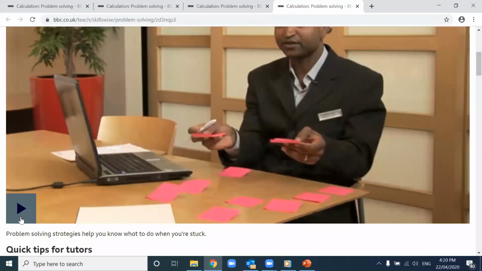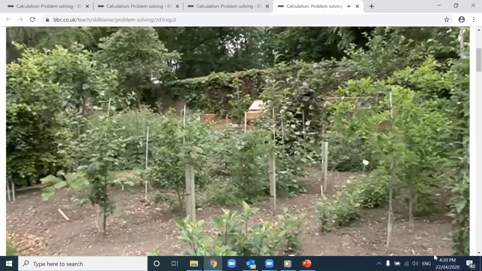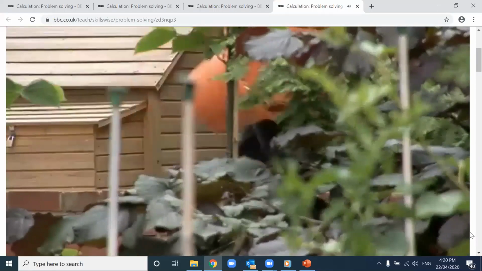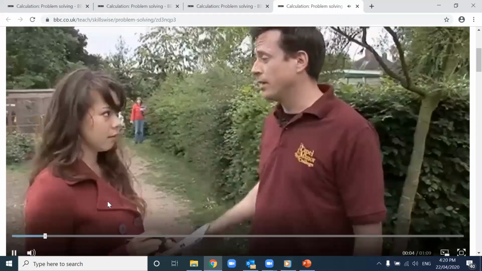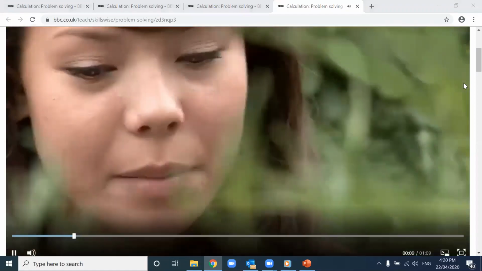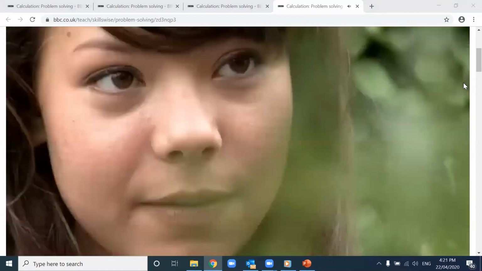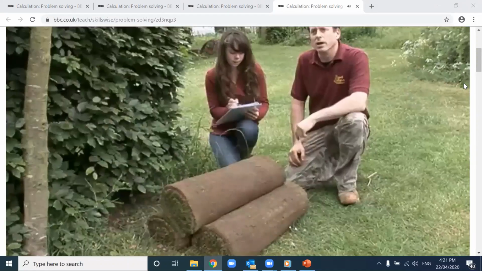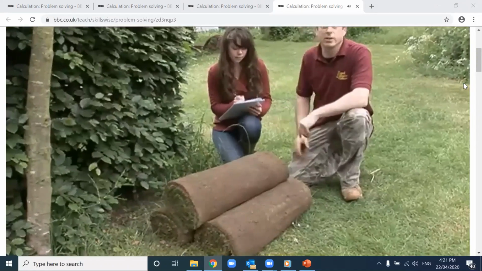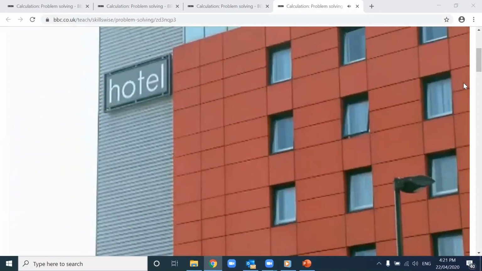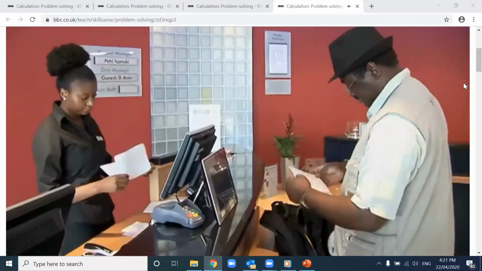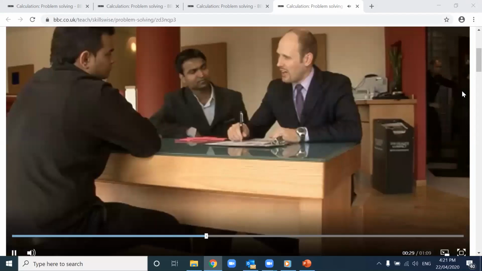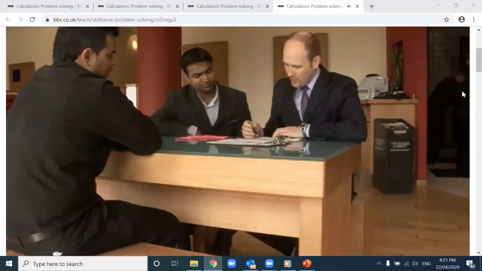So problem solving strategies help you to know what to do when you are stuck. I'm going to retap this path, and I need to know how many rolls of tape I need. Well, first, work out the area of the path, and then we can measure how big a roll of tape is and see how many of you need. When it comes to problem solving, it's good to talk to someone and break it down into logical steps. When we have a large problem, what we'll do is we'll get a brainstorming meeting where we'll get feedback from each colleague and see whether it is working.